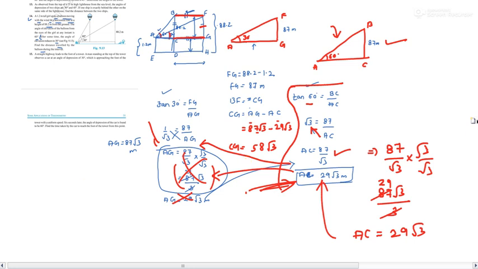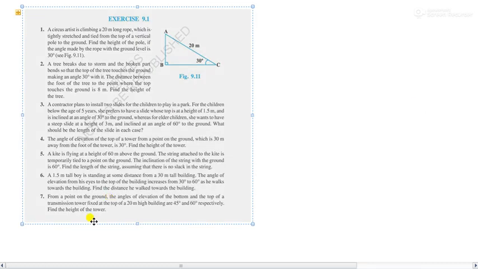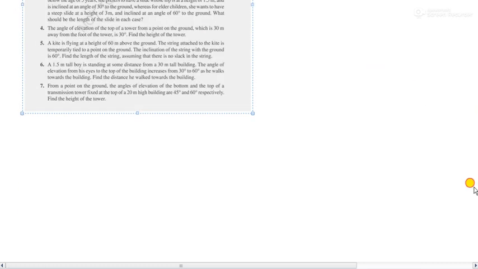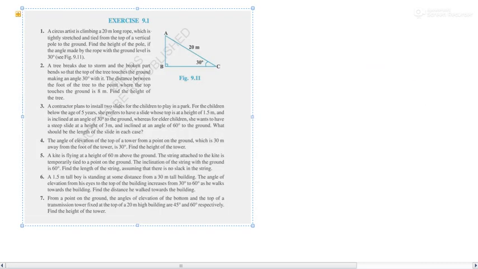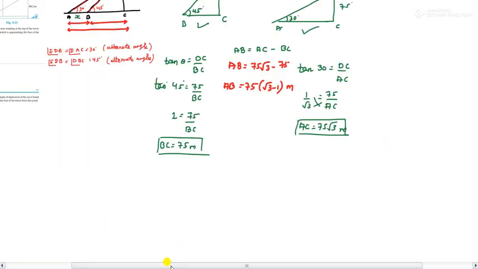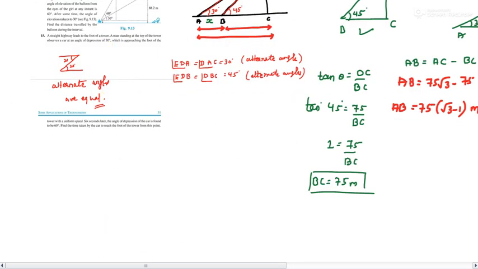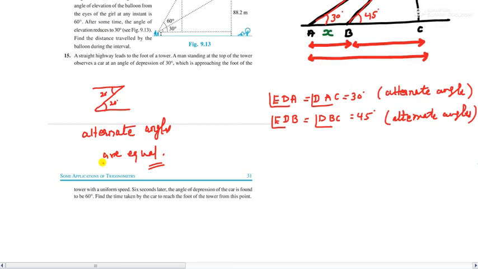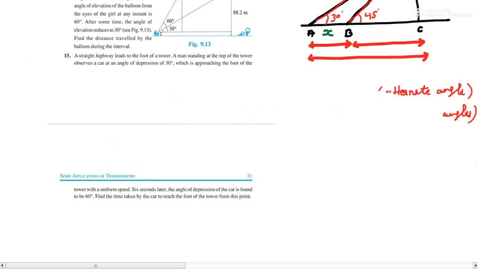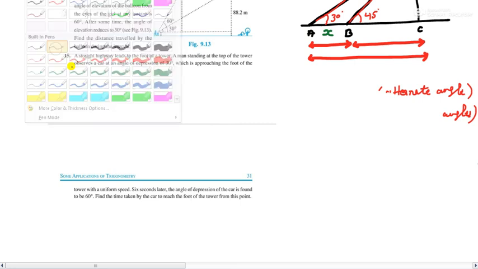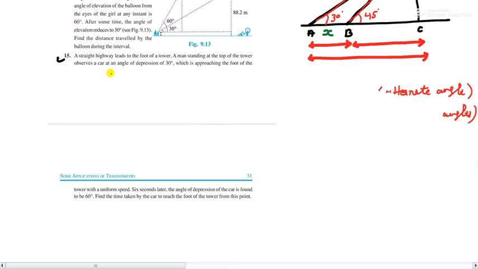Yeah, now coming to the last question. See, the last question says a straight highway leads to the foot of a tower.